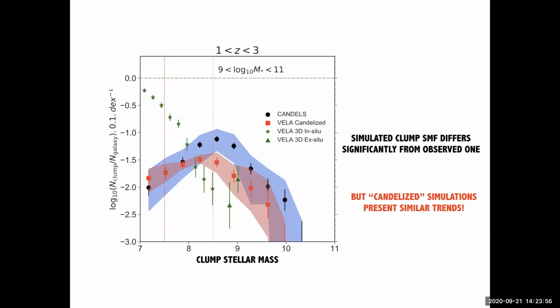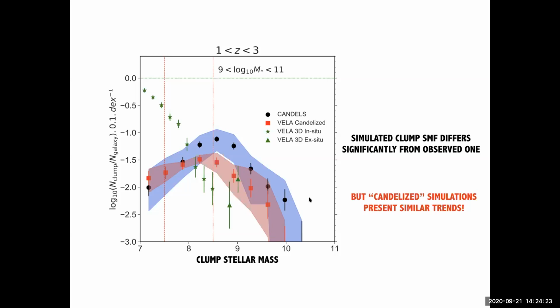What they do in Vela is run the same exact initial conditions while changing the feedback strength. So you can eventually run this whole pipeline again and see if, when you increase feedback, you get closer to or farther from observations, and eventually put some constraints on that.